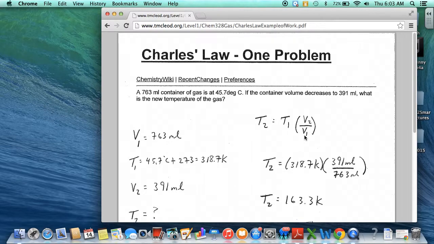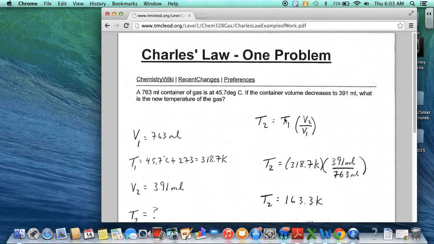I don't want you to write it T2 over V2 is equal to T1 over V1. And here's why. First of all, I want the equation with x by itself, and in this problem, you're looking for the new temperature, which is T2. Well, of course, T2 is going to be some function of T1.